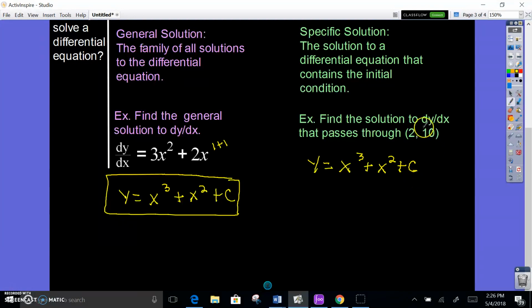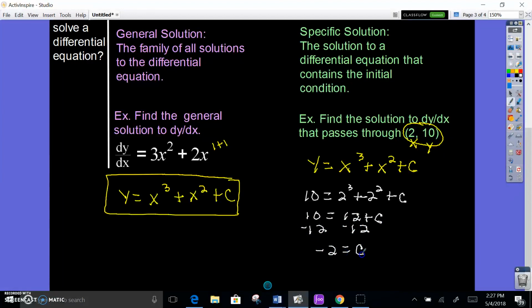The difference is going to be now that I'm going to take this point, and since I know this is my x and this is my y, I'm going to go ahead and replace them into the function, and I'm going to solve for c. So I'm not going to have a plus c, I'm going to actually have plus some number. 10 is my y, so I'm going to put that in the y spot, and then I have 2 cubed plus 2 squared plus c. And I'm going to go ahead and solve for c. So 10 will equal 8 plus 4, which is 12. And I'll subtract 12 from both sides. So that tells me that negative 2 equals c.